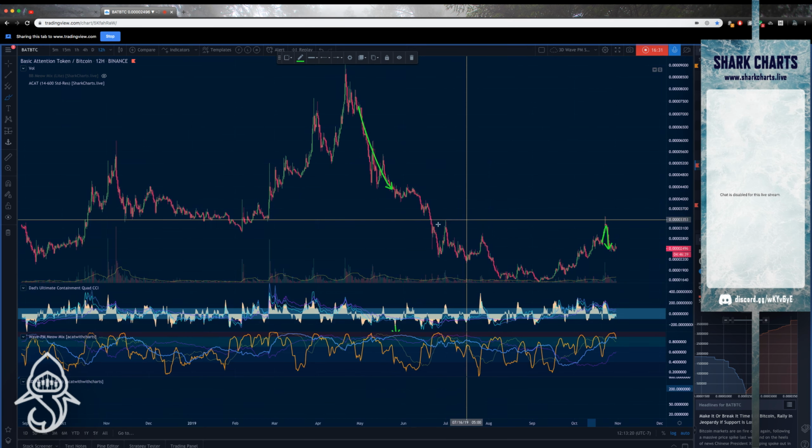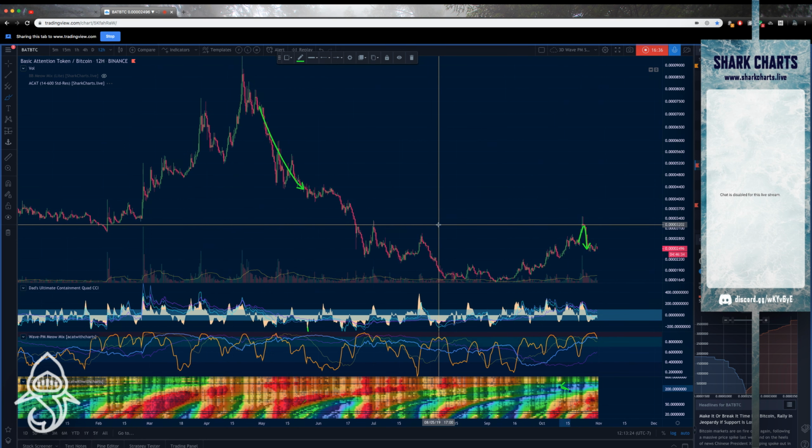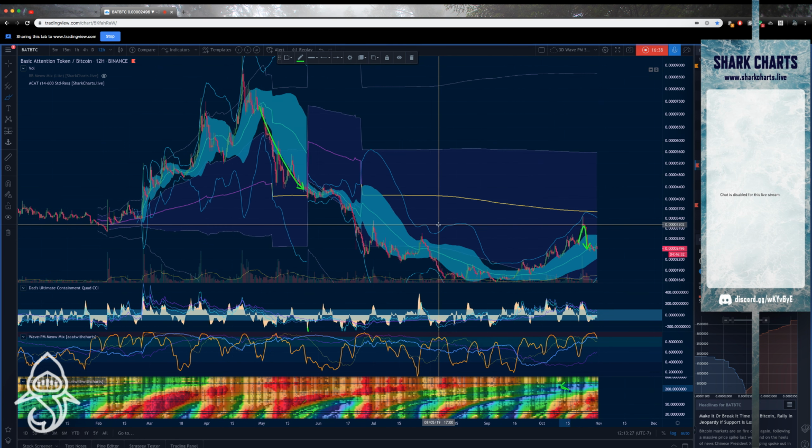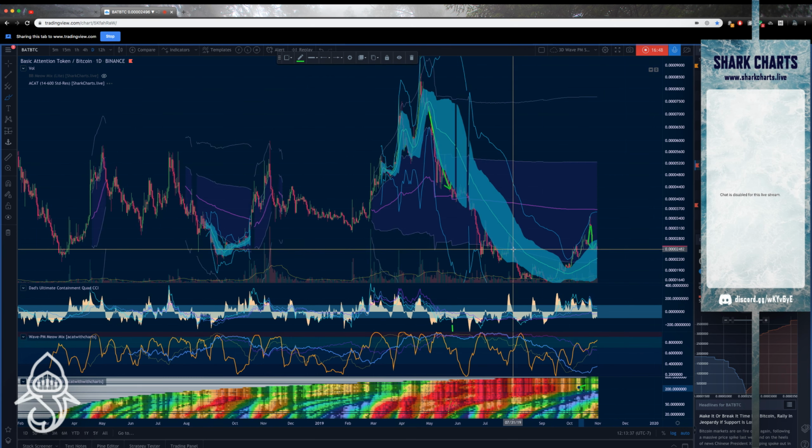We get the 12. 12 looks okay. Looking to be pretty difficult to find that little area of trend. No volatility overhead on the daily.